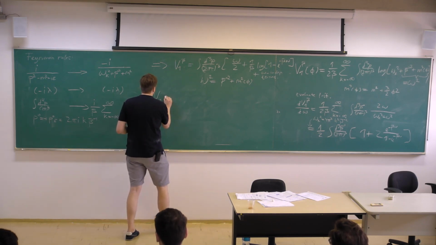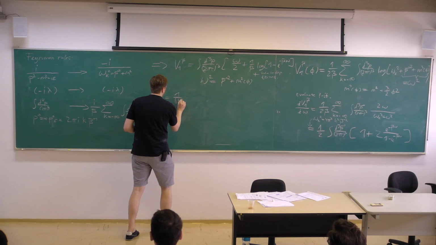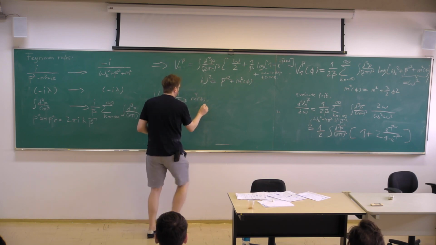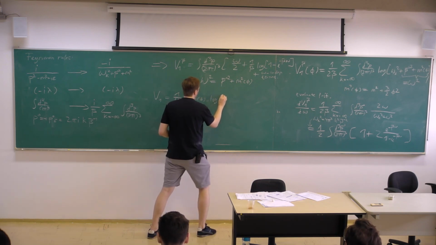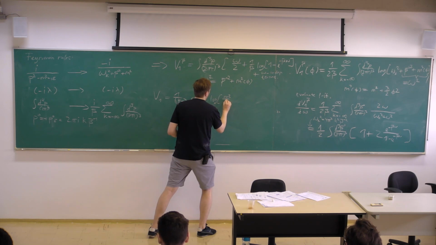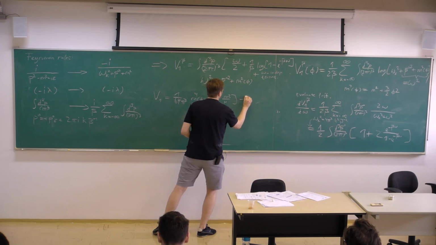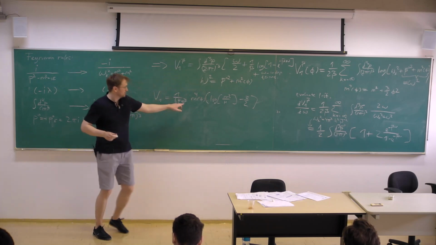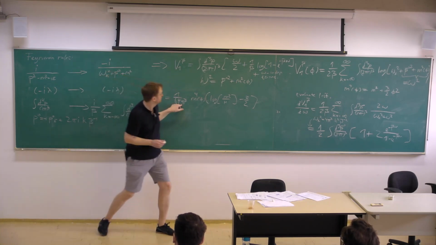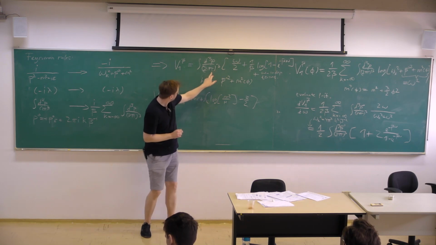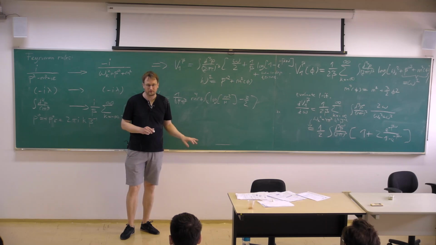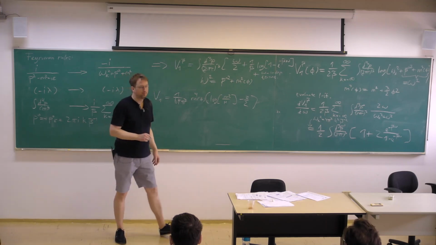So V1 is 1 over 64 pi squared m of phi to the fourth power for the scalar, times log of m squared over some RG scale, minus 3/2. That expression is what I mean. You don't see immediately that this gives this one, but I will show this next time.